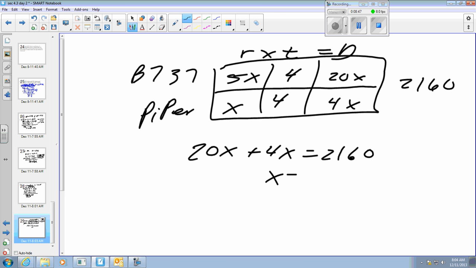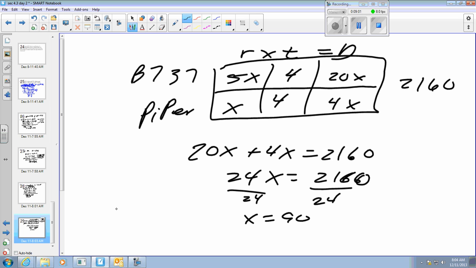And I get 24x equals 2160. And if I divide by 24, I get x equals 90. If x equals 90, the Piper is flying at 90 miles per hour. 5 times that gives me 450 miles per hour for the B-737.